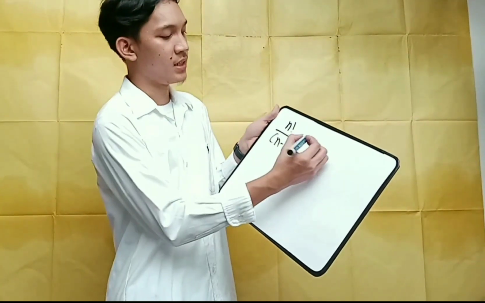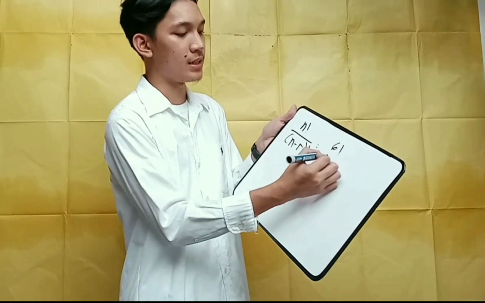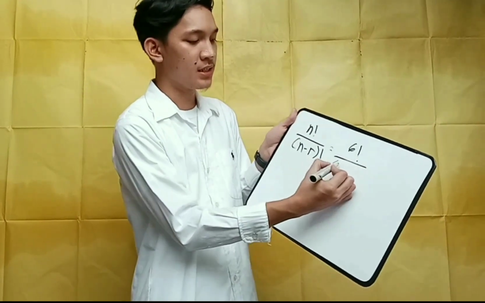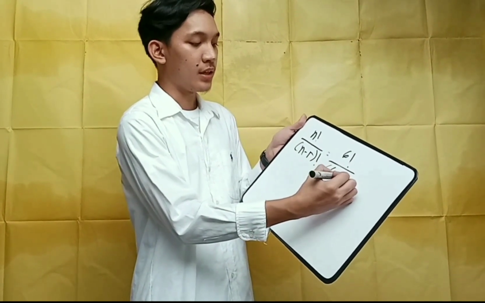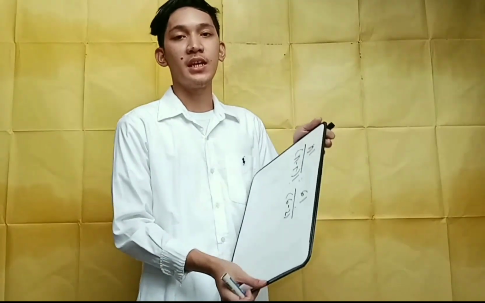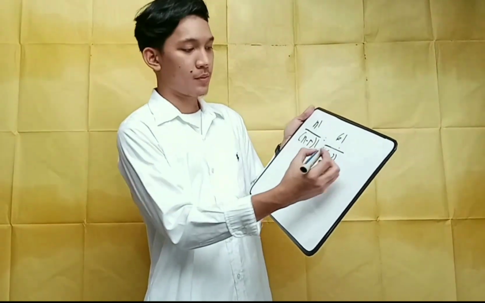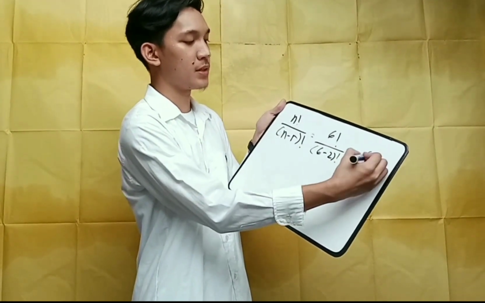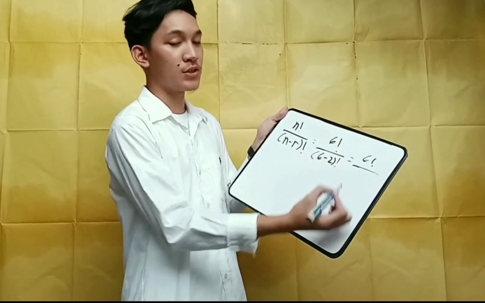So based on the question earlier, there are 6 projects that the analyst mentioned. So n is 6 factorial, and the n again is 6 minus 2, and the 2 is the 2 projects, project A and B, factorial, and we're going to solve it. 6 factorial and 6 minus 2 is 4 factorial.